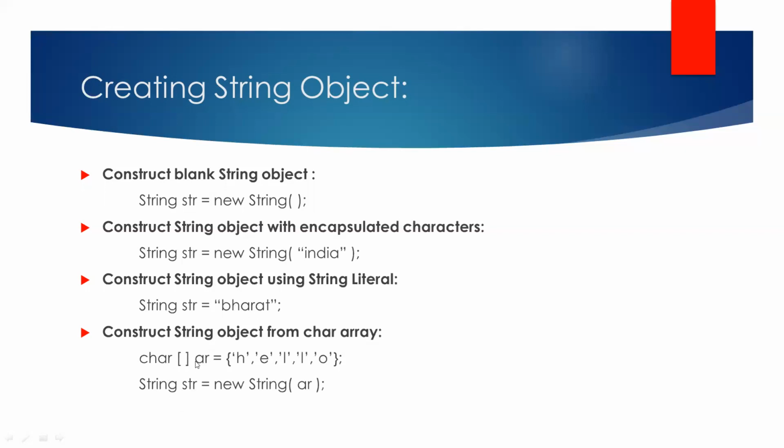We can pass this character array into the string constructor, and it will convert the character array to a string object. So it will contain hello like this. These are some ways that we can create string objects.